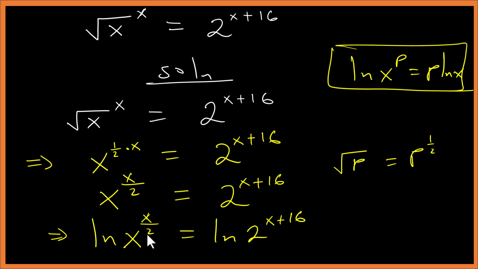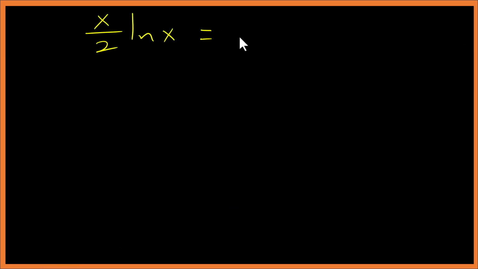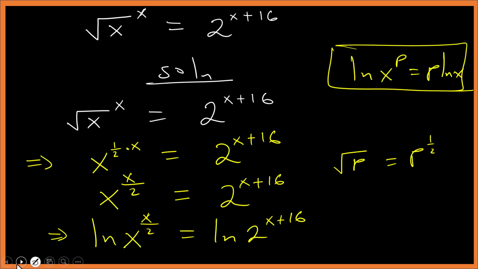So we have x on 2 ln of x, and this side will be x plus 16 ln of 2. Okay, so it's here.